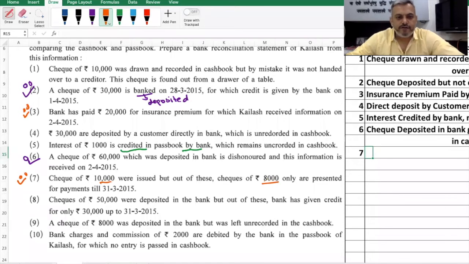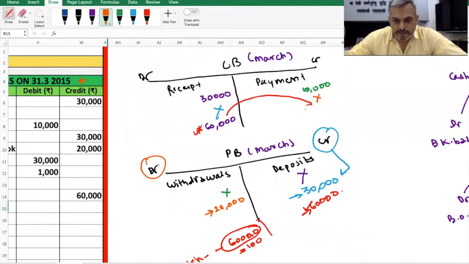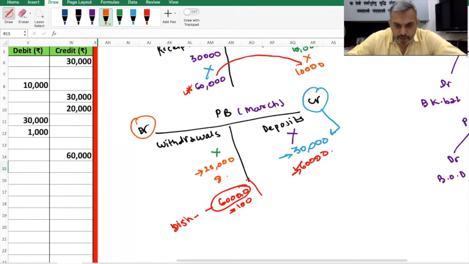It means what? You issued check of 10,000. So in cash book credit side, you have recorded 10,000, but in passbook, it was only 8,000 which was recorded on the debit side because 8,000 were only presented.